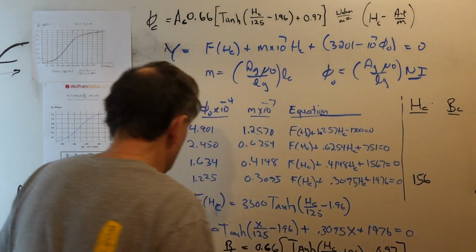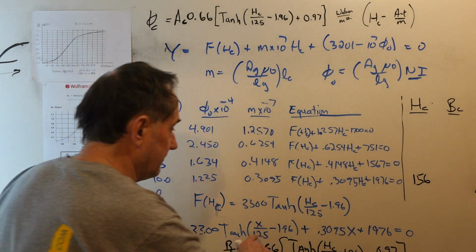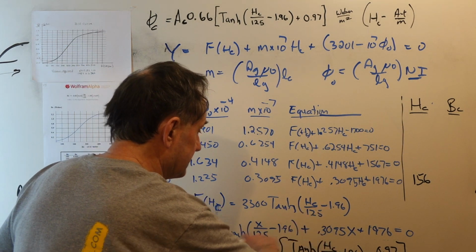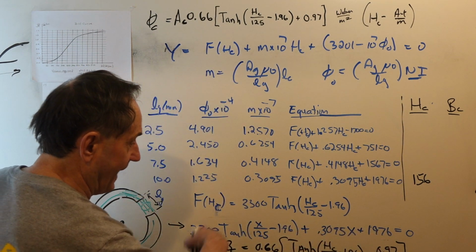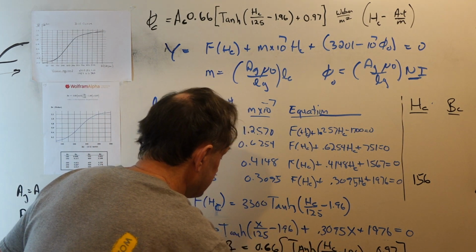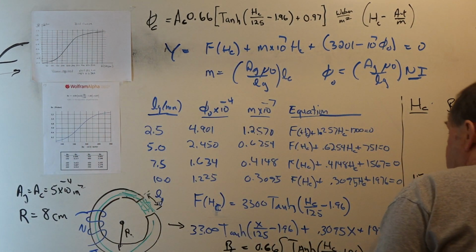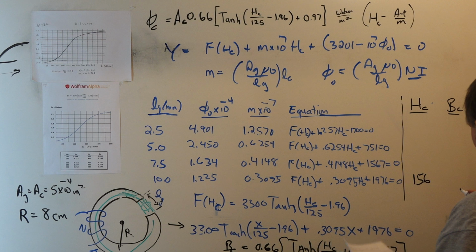So you use this in Wolfram Alpha to find the value of x, or the HC, that satisfies the equation. Then you go back to the equation that I derived for B as a function of HC to get the BC value.